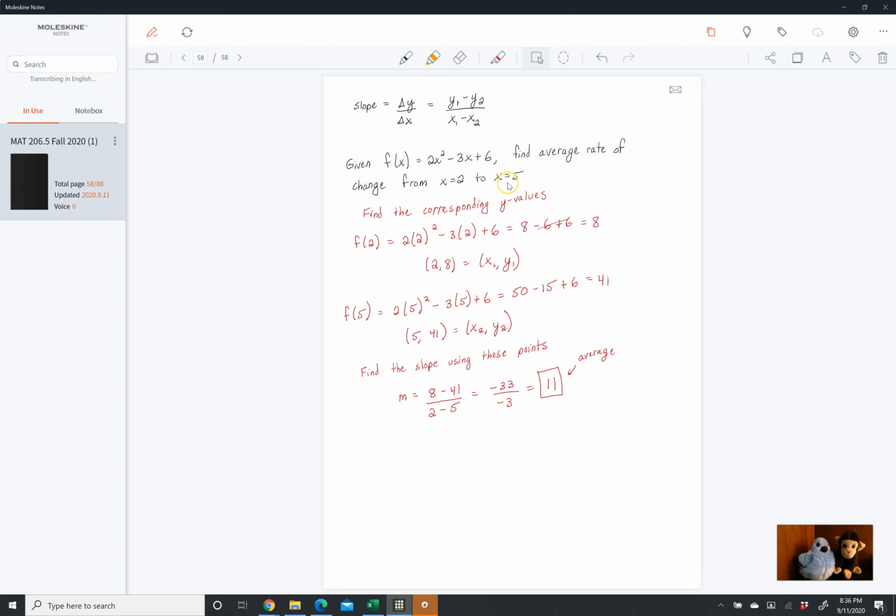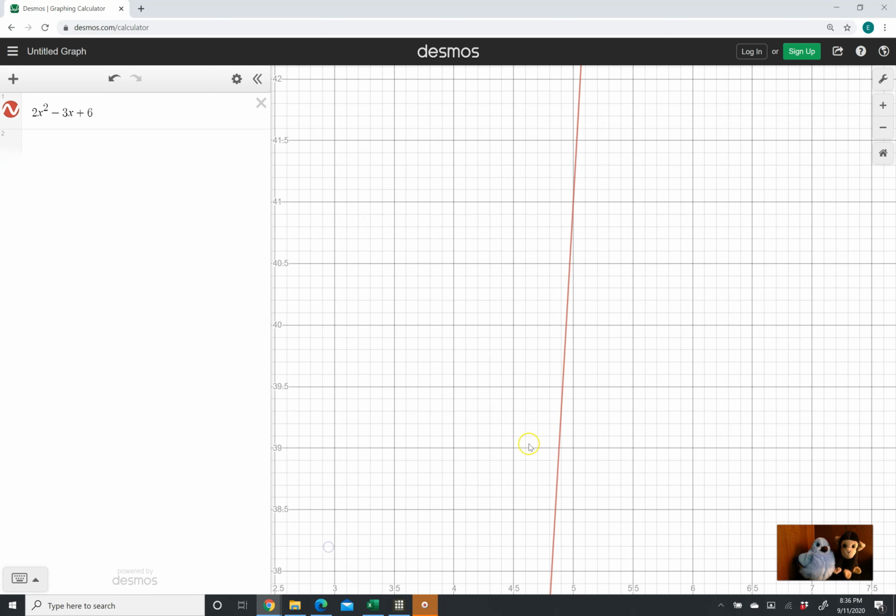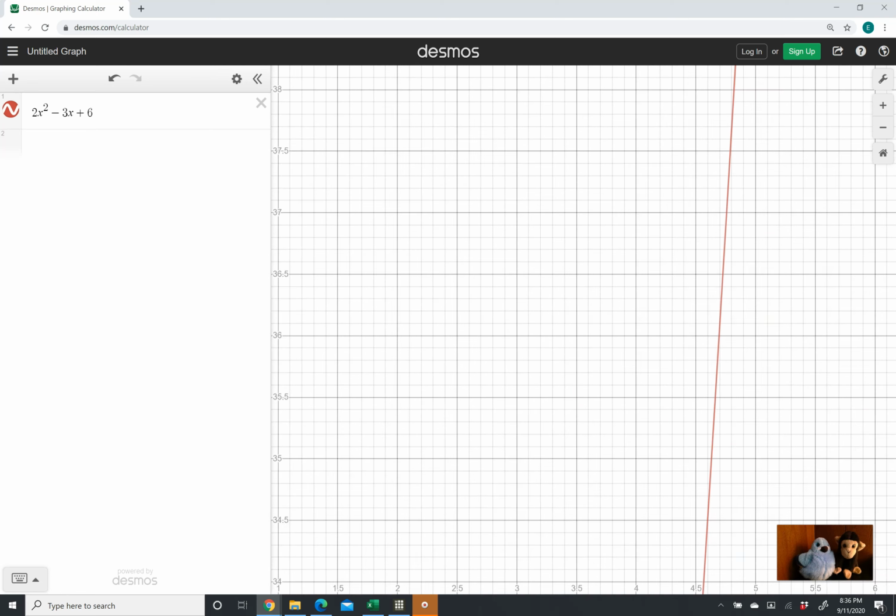If I gave you different x values, then you would wind up with a different rate of change, right? Because think about it. On this graph, 2 to 5, it's a very steep slope, right? It goes up very, very quickly.